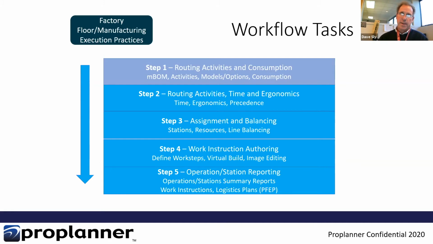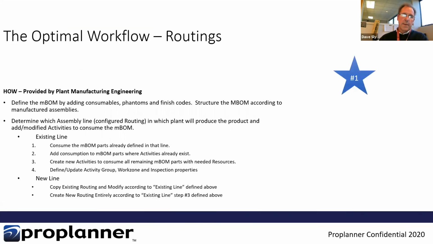Just like the product has a product tree structure, the process, the routing, remember all the tasks that can be performed on a station, on a line, consisting of stations, has a tree structure, a precedent structure of how things have to be done, the order in which tasks can be performed. That is a tree structure. And so we consume the MBOM tree structure into the process routing tree structure. And that's essentially what's happening here.